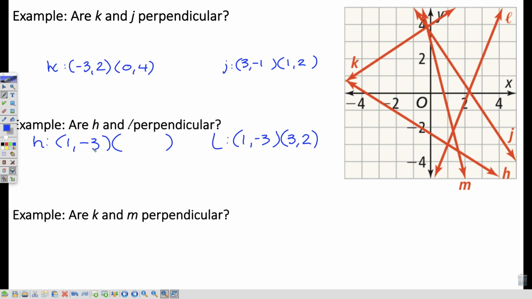No, it's not H. We would have to do 1, negative 1, or 1, negative 2. 1, negative 2 doesn't hit H. Nothing hits 1, negative 2.